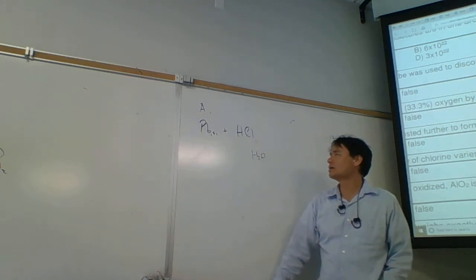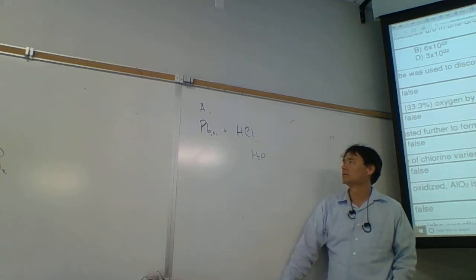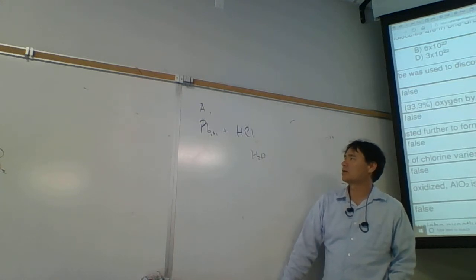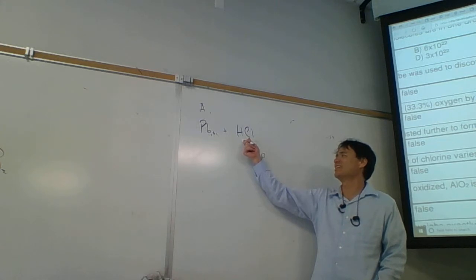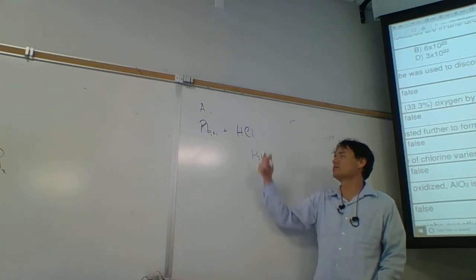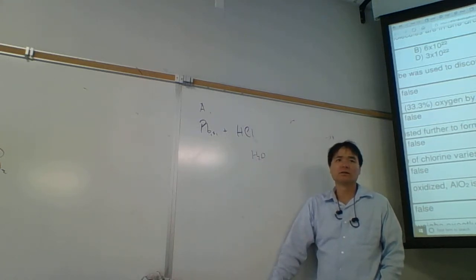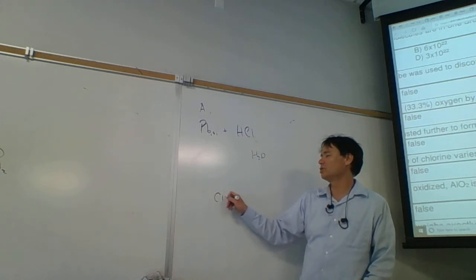But I have to look at the oxidizer. As far as oxidizers go, I have a choice. Lead, no, that's not an oxidizer. H+, yes. Is chloride a good oxidizer? No, chloride's an awful oxidizer, because chloride has a filled shell.